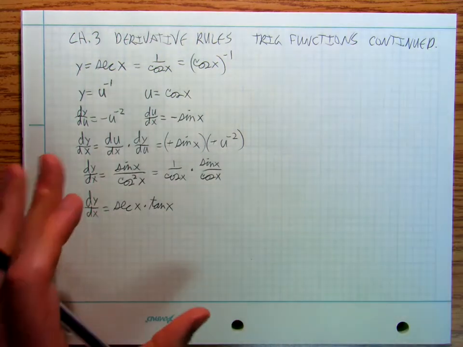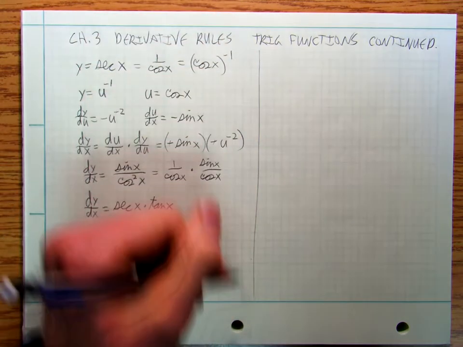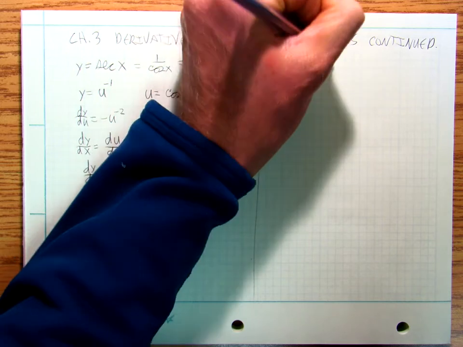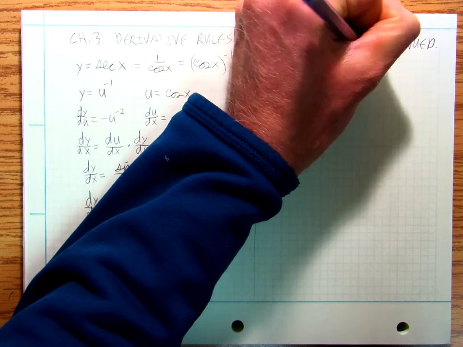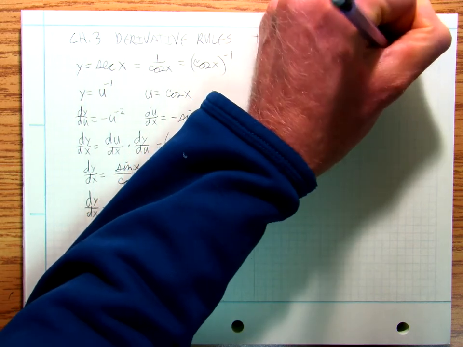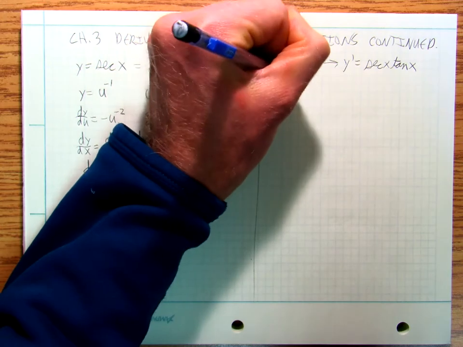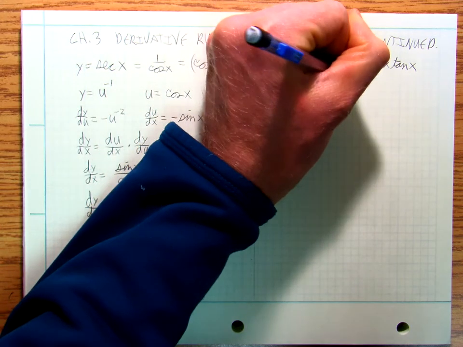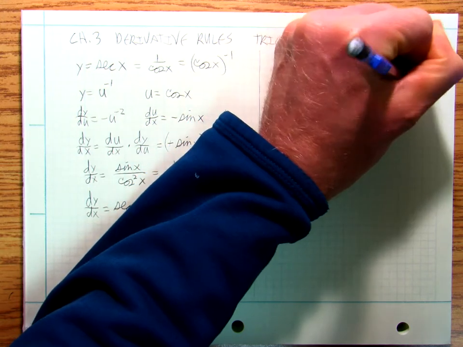And so now I'm just going to give you some basic memorization ones. So y equals secant x, y prime is equal to secant x tangent x. y equals cosecant x, y prime is equal to negative cosecant x cotangent x.